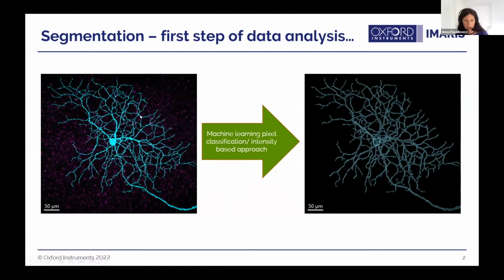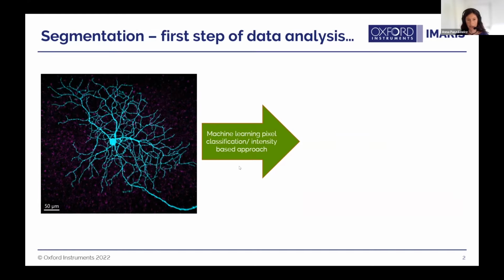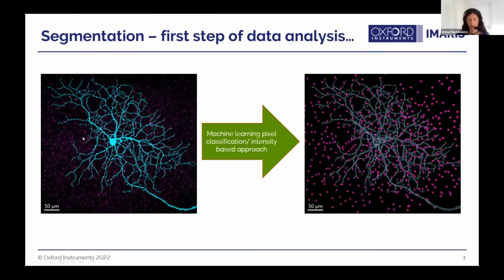On the left side, you can see the retinal ganglion cell in cyan, which has been detected. So you can see the structure detected on the right side. In the same image, you can see small amacrine cells marked in magenta, which have been detected also by Imaris, and you can see the spots model on the right side.